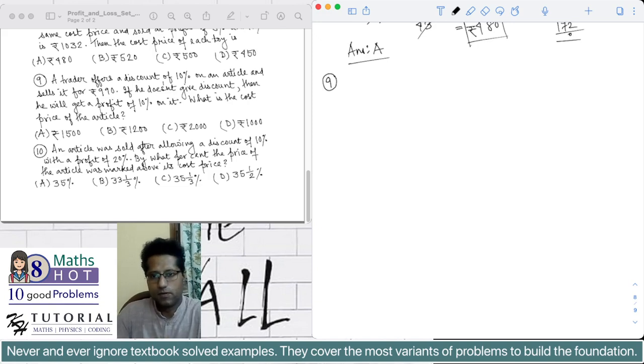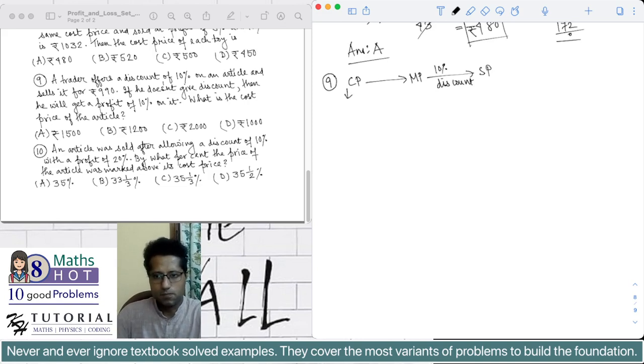Okay. So we have the cost price. From cost price, we have the mark price. From the mark price, we have some discount. Let's say we consider 10% discount, and we are having the final SP.